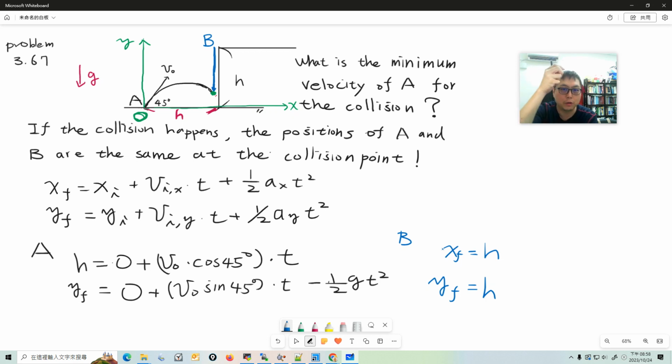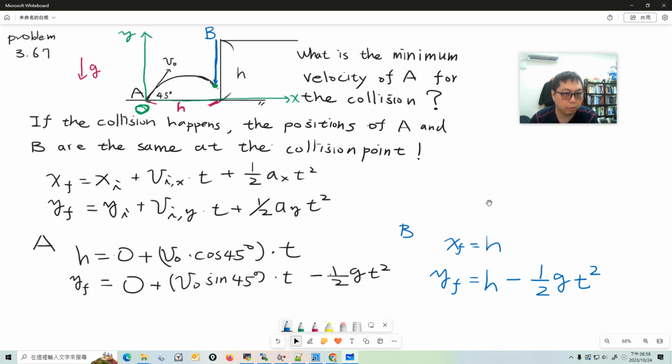You just hold the object and then release. It only has acceleration, and the acceleration in the y direction points down, so it's minus 1 over 2 g t squared. Okay, so that lists the equations of motion of this problem.